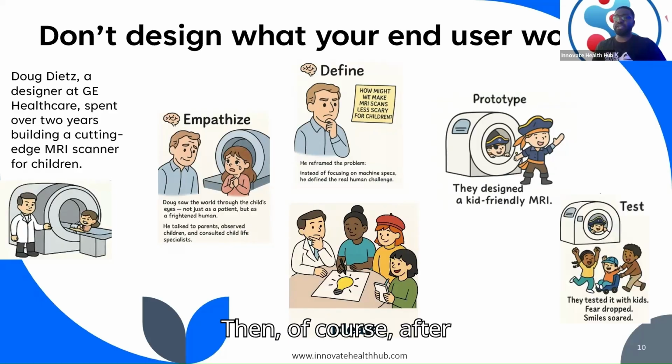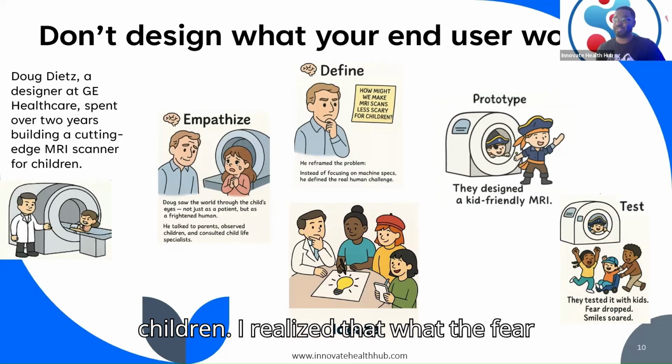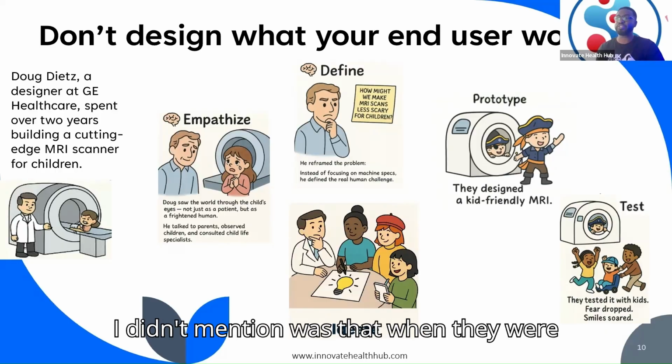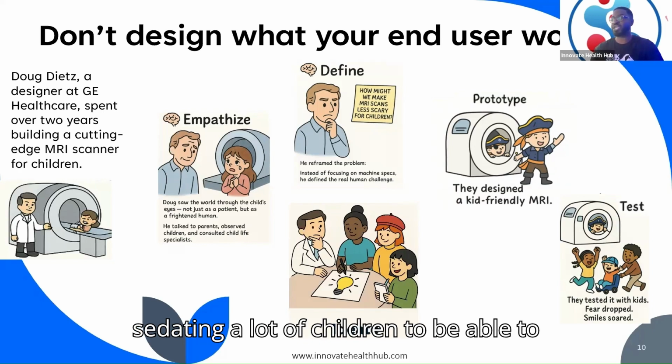Then, after prototyping this, he tested it with children and realized that the fear actually dropped. And one thing I didn't mention was that when they were using the previous MRI, they were sedating a lot of children to be able to scan them.